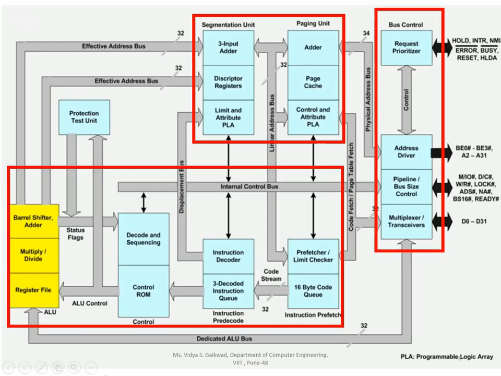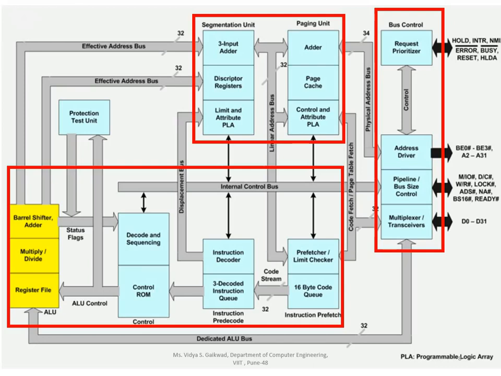Now this is the largest block diagram, the architecture of 386. No need to worry about how to draw this diagram. First, understand what blocks or sections are present in the architecture. If you remember the sections, then you will be able to draw this architecture without any hindrance.